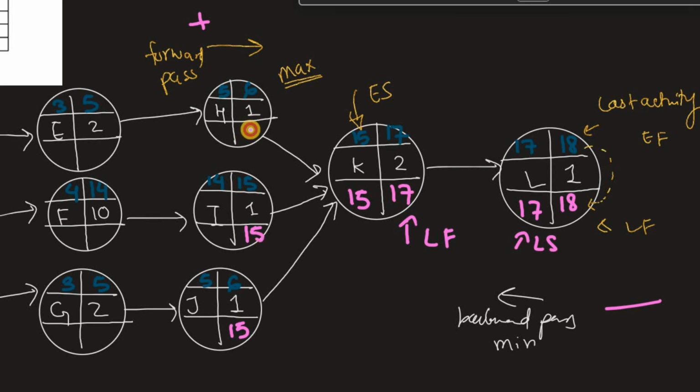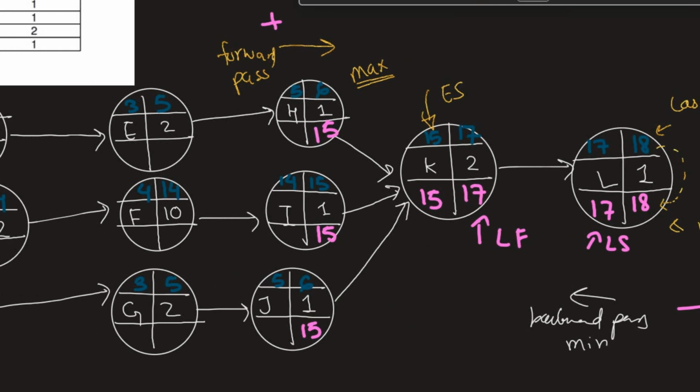So 15, because it is dependent on only one of the activities. If we had two activities over here, for example, and another one with, say, 17, in that case you would choose 15 and not 17 because it is the minimum value. This is not the case over here, so you just write 15, and again subtract. That's 14, because 15 minus 1.